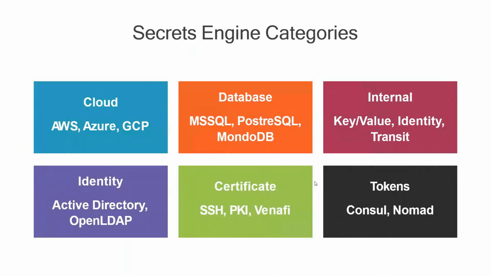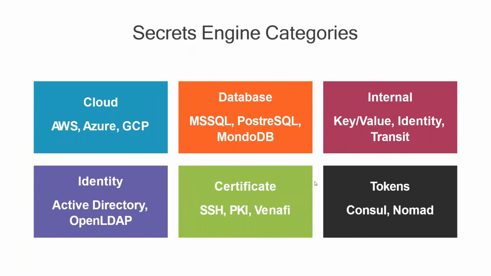So which categories of secret engines do we have? For the cloud we have primarily three: AWS, Azure, and GCP. You can store secrets in databases also: MySQL, PostgreSQL, MongoDB. Vault also supports some inbuilt secret engines, which we call internal.